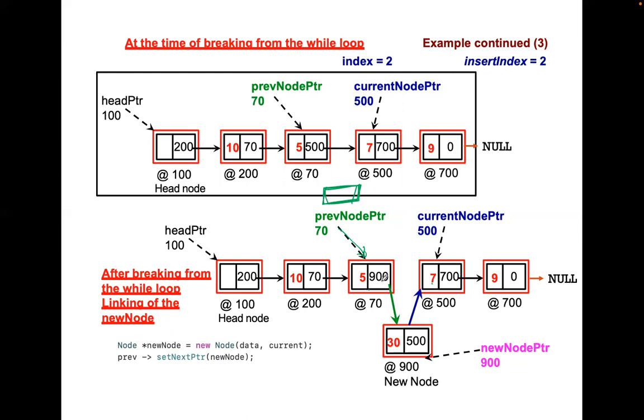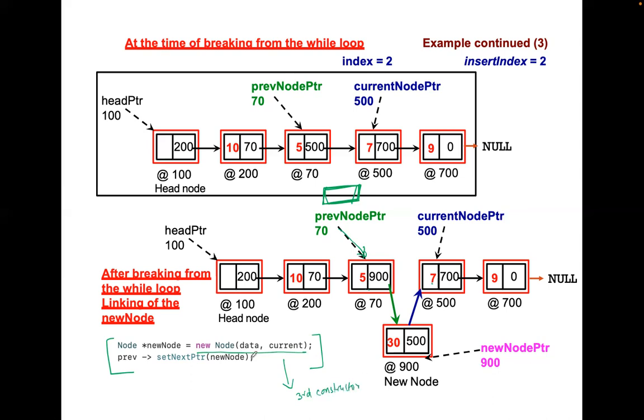So we are outside of the loop. Now we are going to insert the new node. First we initialize a new node, and here we are using the constructor from the node class definition. You can see we are using the third constructor.